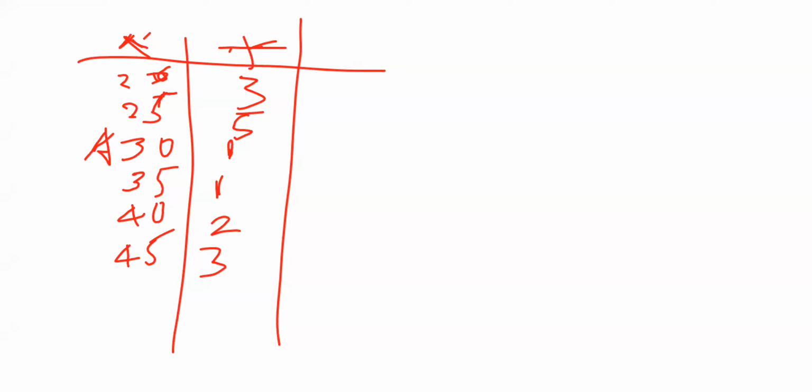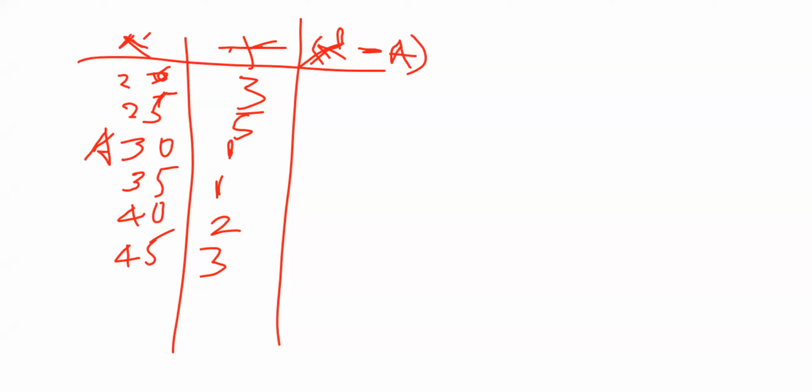So the next thing is deviation, X minus A. This is our deviation. Our variable, the first one, is 20. Our A is 30.